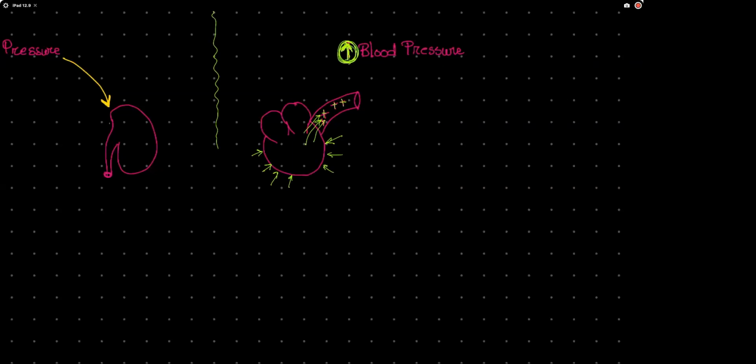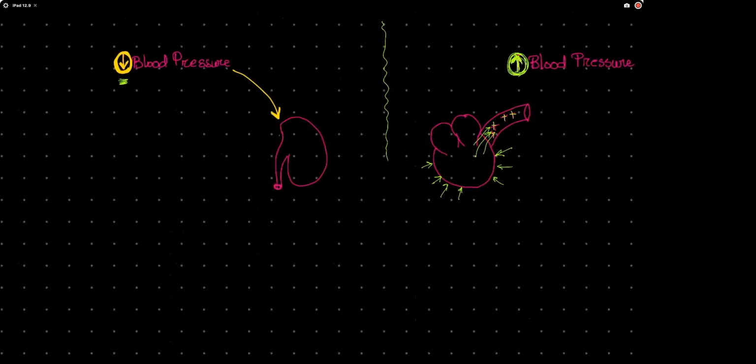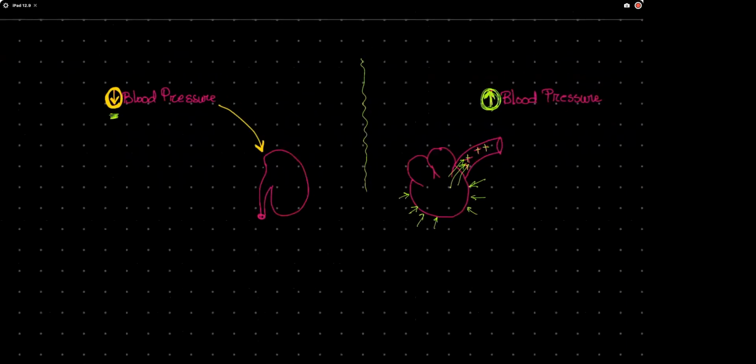So the heart hates high blood pressure compared to the kidney, which hates low blood pressure. So how is the kidney going to be responding to a low blood pressure? We do have microscopic structures located in the kidney, which are clusters of cells present nearby each of the million nephrons.